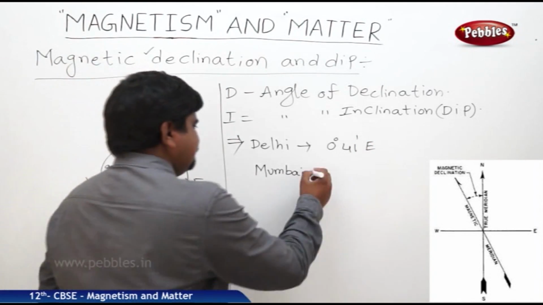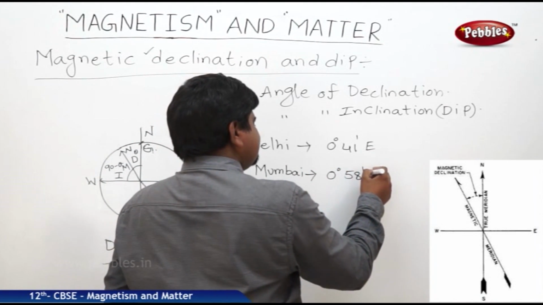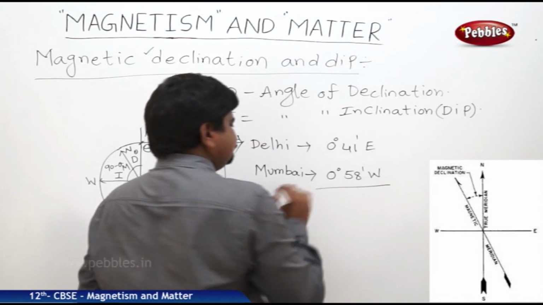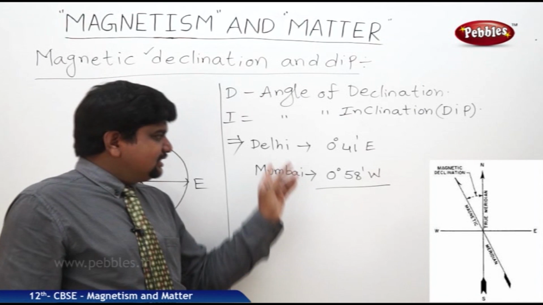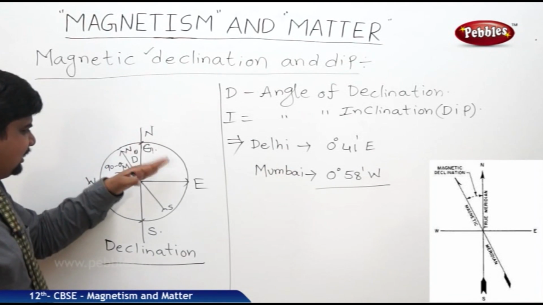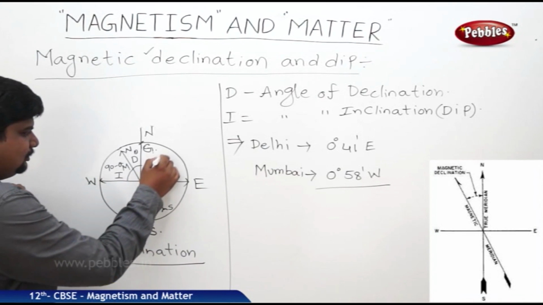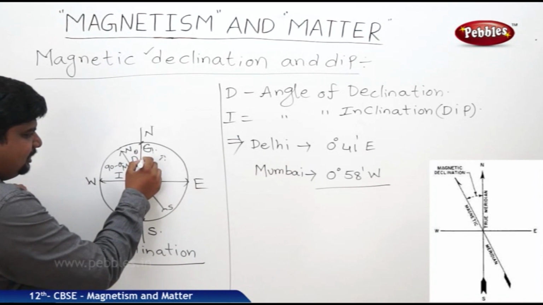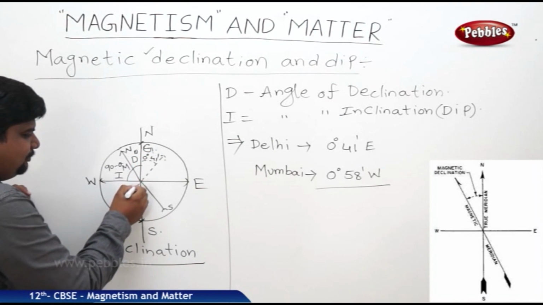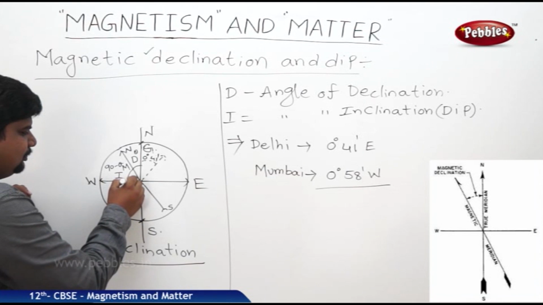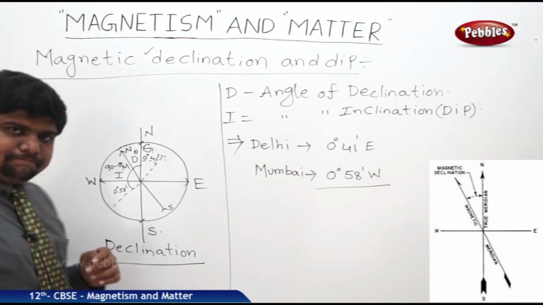In Mumbai, it is 0 degrees 58 minutes of west. So these are the values. It means in Delhi it shifts towards the east, like this, 0 degrees 41 minutes. The same will be here, 0 degrees 58 minutes of the west.